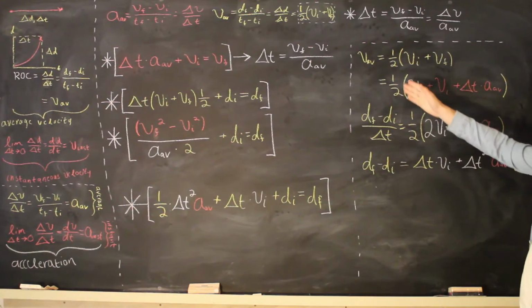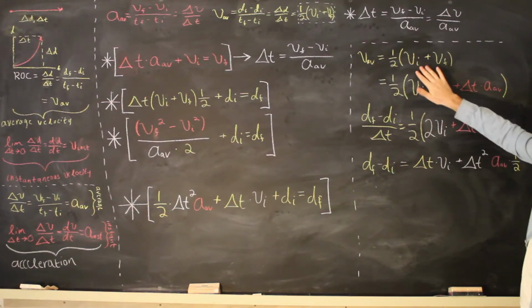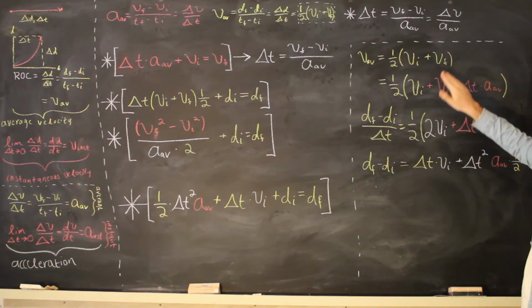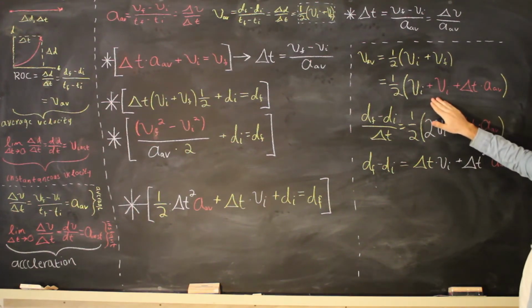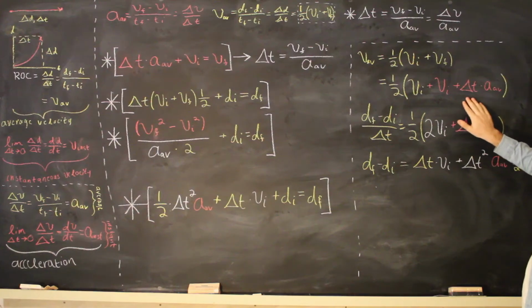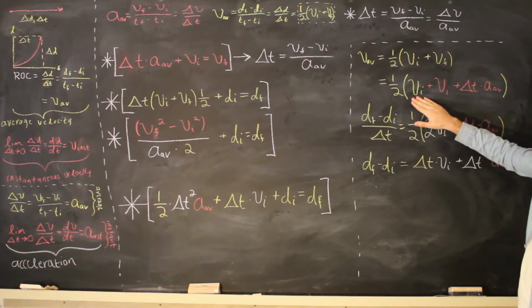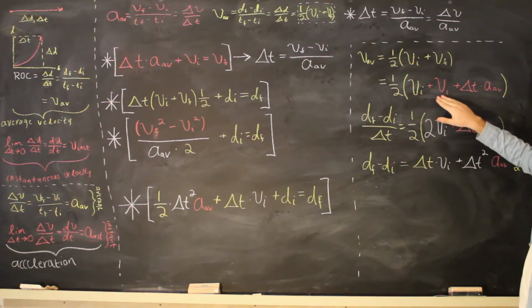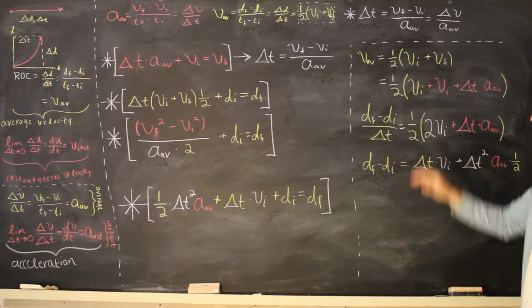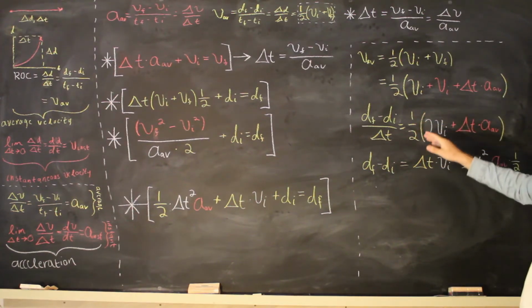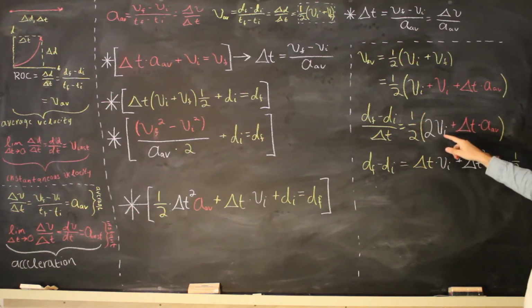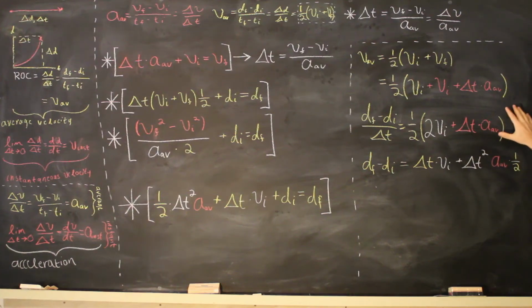And we're going to have 1/2 times v initial from the original formula, and when we replace v final, we're going to have plus v initial plus change in time times acceleration average. And as my differentials professors used to say, when you mix yellow and red, you get white. So this is going to be equal to 1/2 times 2 times v initial plus change in time times acceleration average.